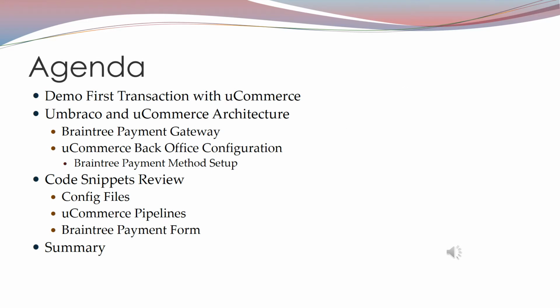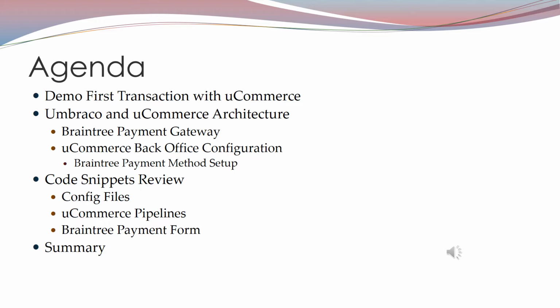The agenda for this tutorial then is we'll do a demo of your first transaction with uCommerce. We'll take a look at the Umbraco and uCommerce architecture that made this transaction possible. So we'll take a look at the Braintree Payment Gateway, we'll take a look at the uCommerce back office configuration, in particular the Braintree payment method setup.